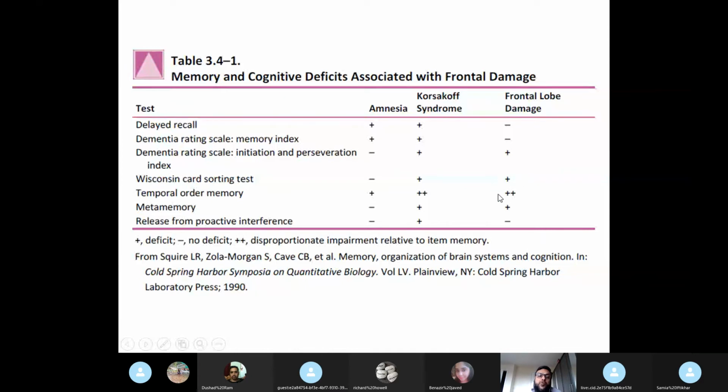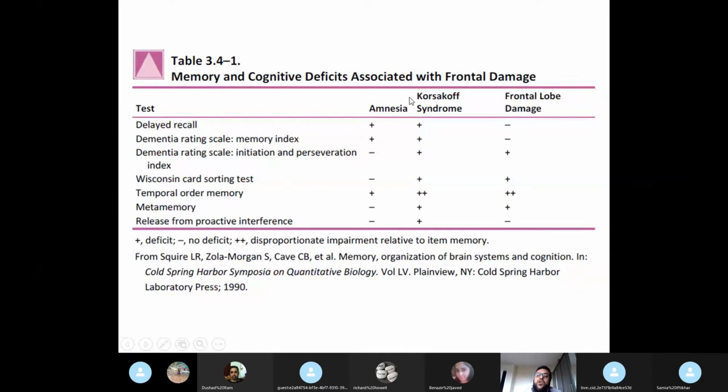Temporal order memory will be defective here, and insight into memory or cognitive difficulties will be lost. So it is this Korsakoff syndrome where you can see all the signs of frontal lobe difficulty and amnesic difficulty. So it's a mixture of frontal lobe damage and amnesia.